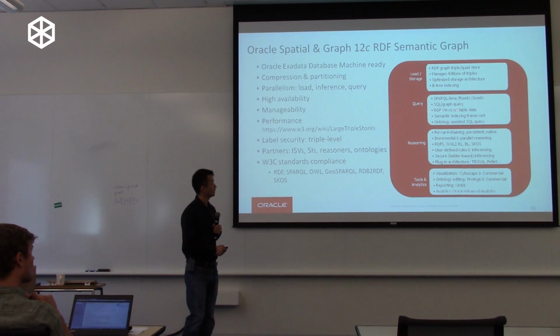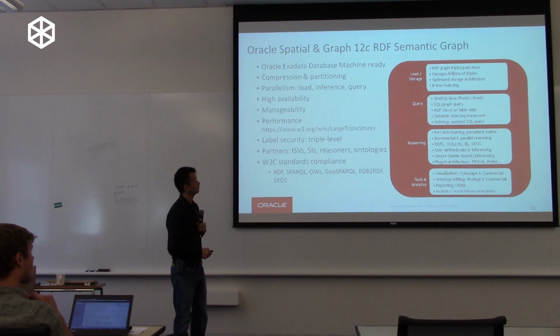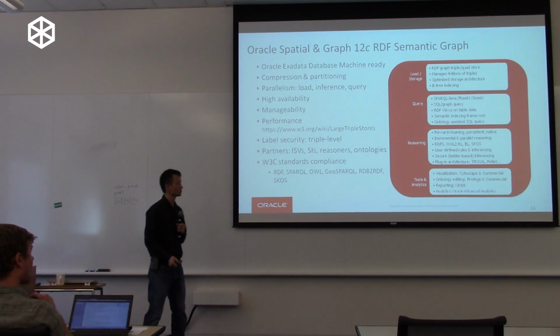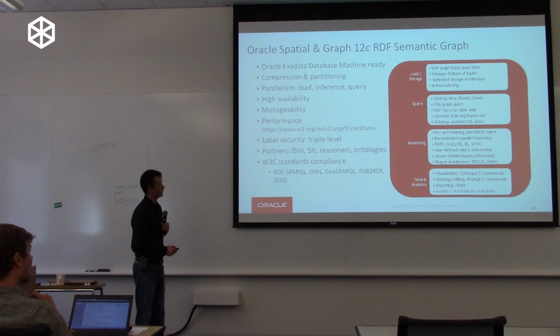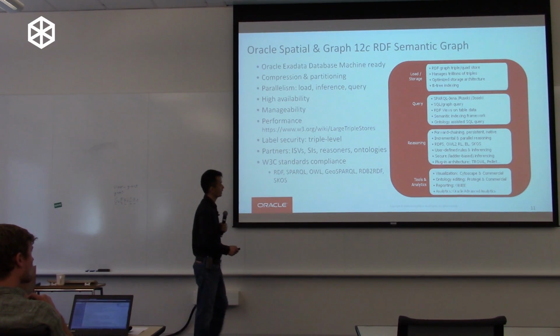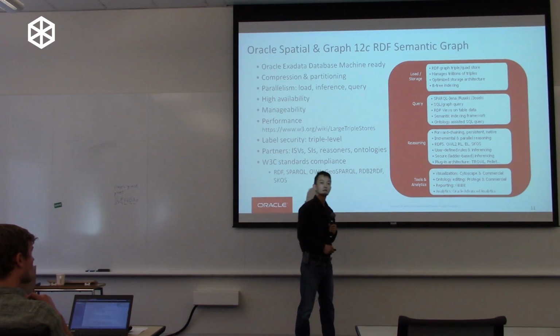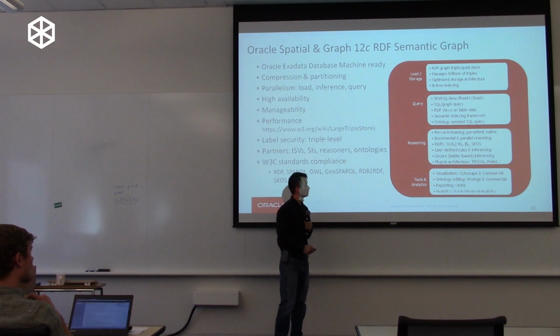You can run SQL-based graph queries. You can run SPARQL. You can use Java APIs to query the data. We have powerful reasoning natively in the database, and we also allow a plugin architecture. You can integrate a third-party reasoning engine, like Trial or Pellet.